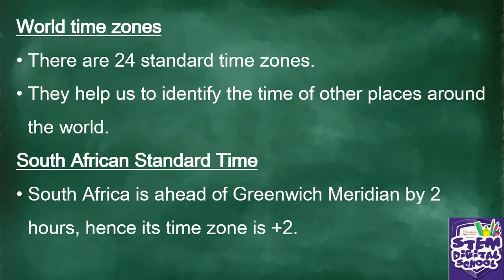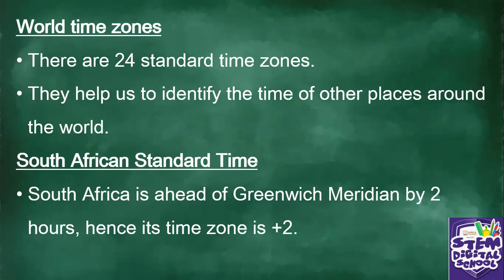Even for businesses, they have to know these world time zones, especially those businesses that operate on international level. So maybe someone who's working for a certain company in South Africa wants to make a call to a company in the United States of America.